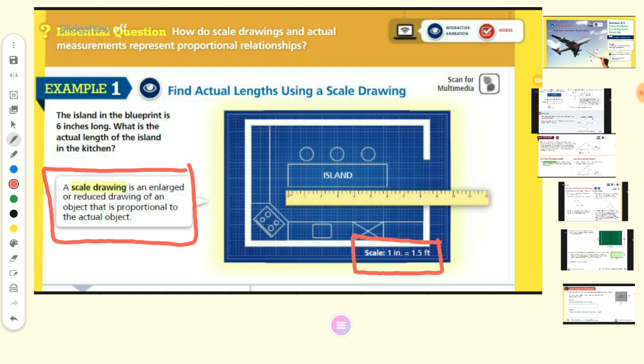This is the rule: scale equals actual over drawing. In our case here, the scale equals 1.5 feet over 1 inch. This is the scale factor. Each 1 inch inside the drawing equals 1.5 feet in the actual size.